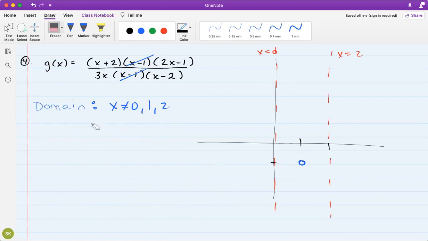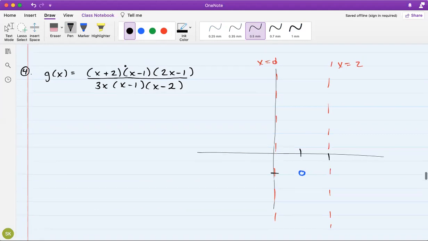So what does this one have? Now we go back to the original function here. You can take this out. You're still going to get the same thing, but I'm going to go to the original one. We need to figure out what the leading term is. So if we were to FOIL this all out, multiply it all out, we just want to know what the leading term is. So the leading term would be found by multiplying this one with this one and this one.